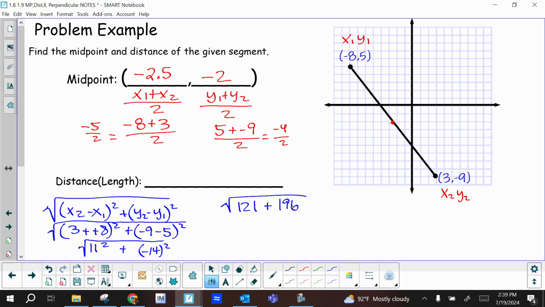Don't make the mistake of leaving it negative. All right, so that's 196. 196 plus 121 is 317. And the last step is to square root. You can use your calculator. And that is about 17.804.